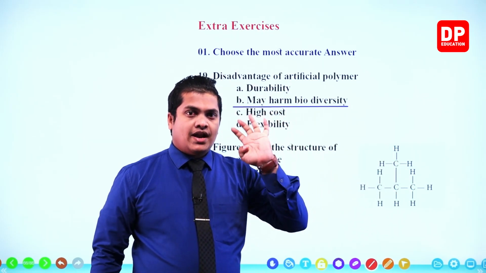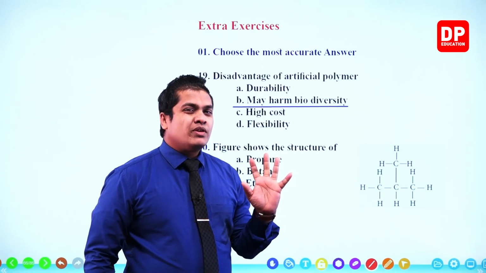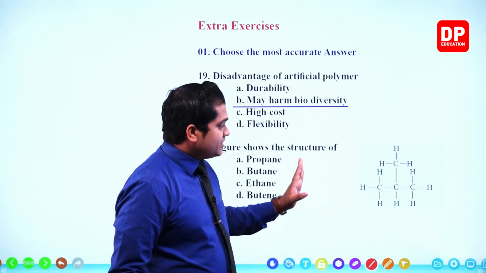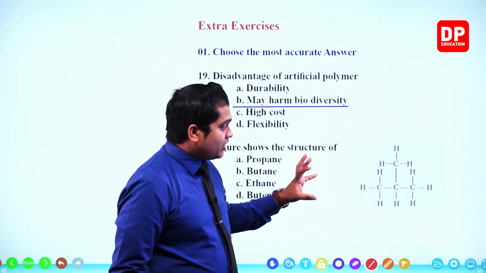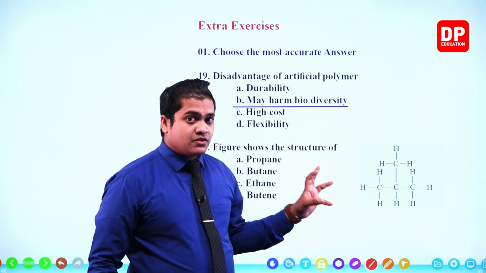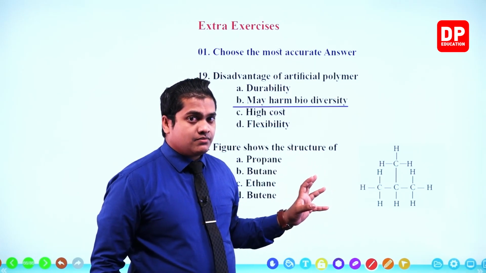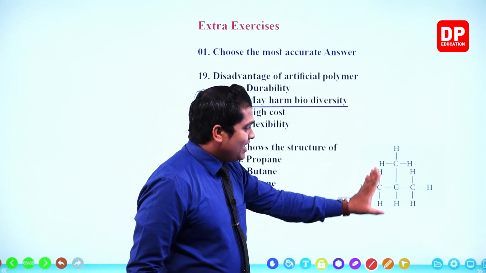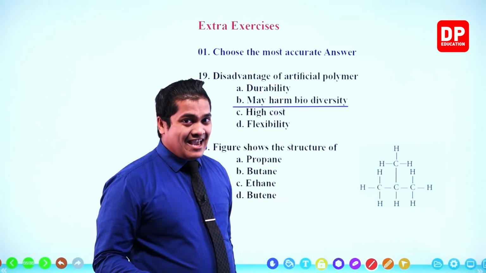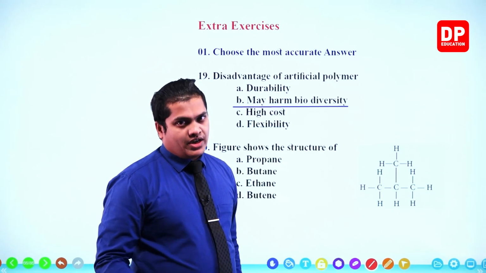There are 4 carbon atoms. 4 means it should be but-. Check what types of bonds are contained between the carbon atoms. All the bonds available here are single bonds. That means it should be an alkane. So this is butane, my dear children.